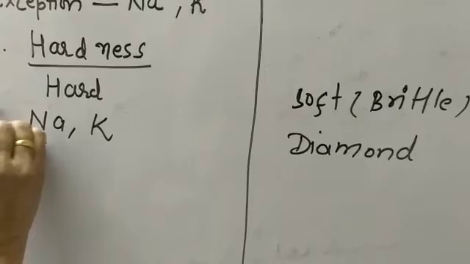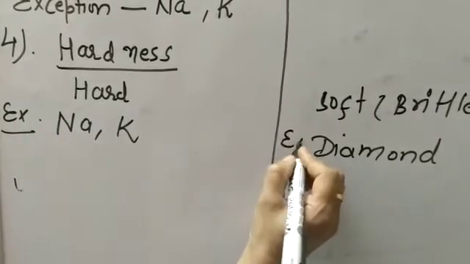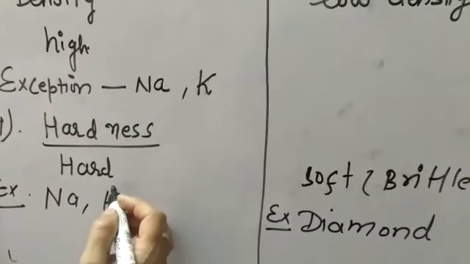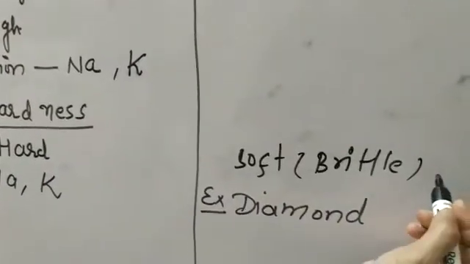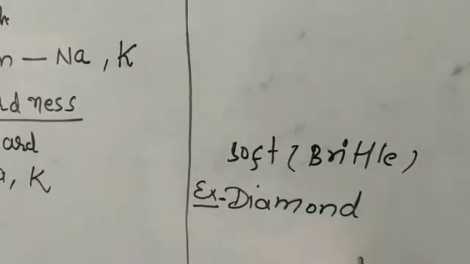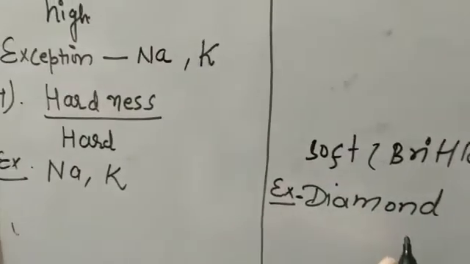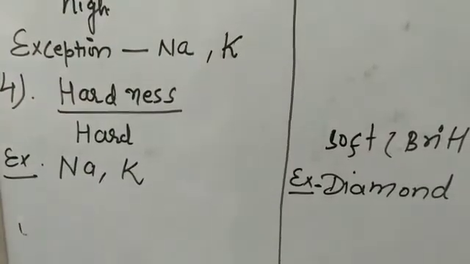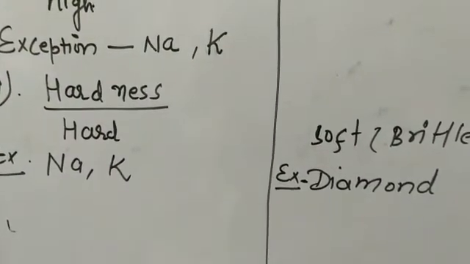These are the exceptions, because we said that all metals are hard and all non-metals are brittle, but the exception is diamond in case of non-metals, and sodium and potassium in case of metals. These are very, very soft.